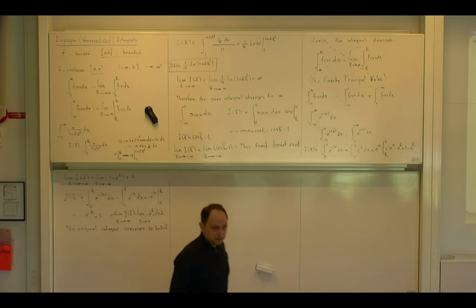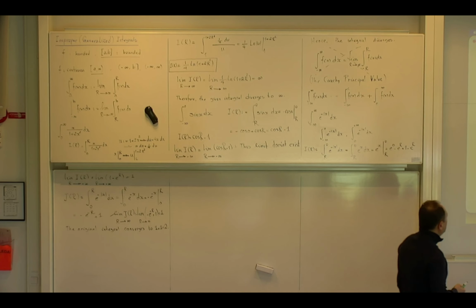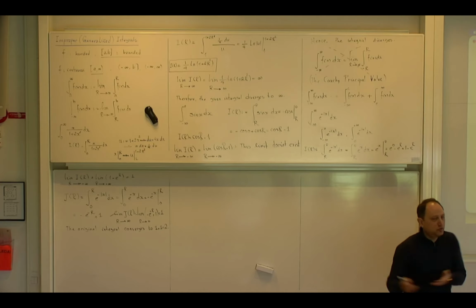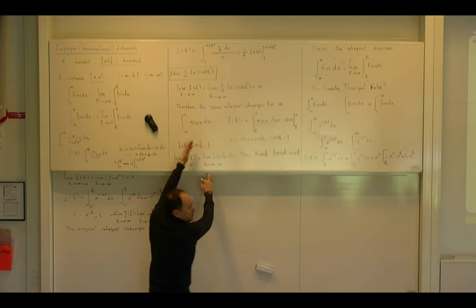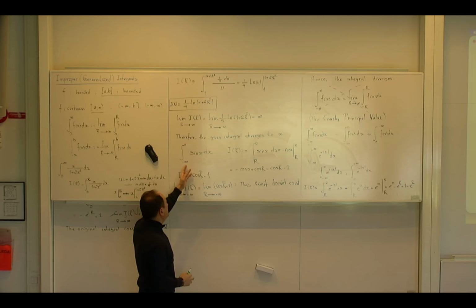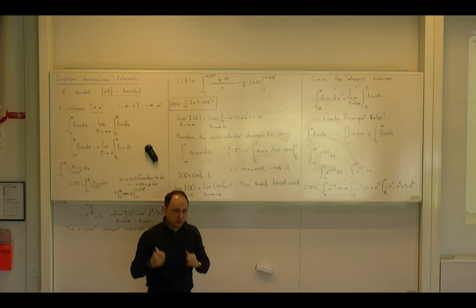Yes, please. What if you have something like cos? What do you mean? Integral of cos x from minus infinity to infinity? You have to do the same. But for example, for cos, if you don't mind, let us take it for sine. If it is from minus infinity to infinity for sine, you do the same thing. You go from minus infinity to 0, for example, and 0 to infinity.